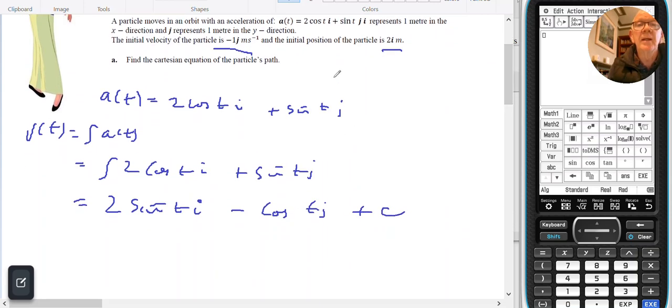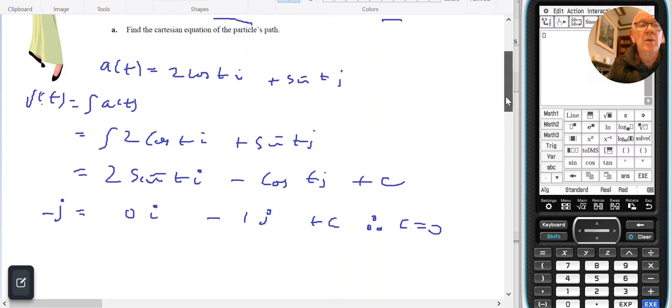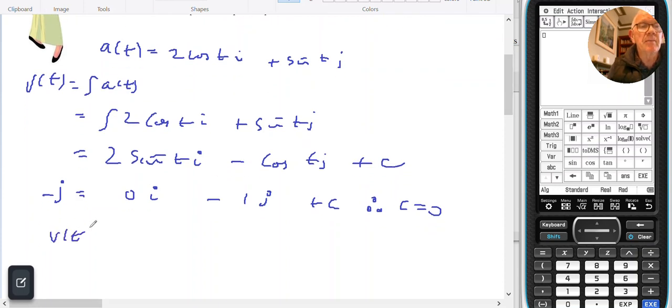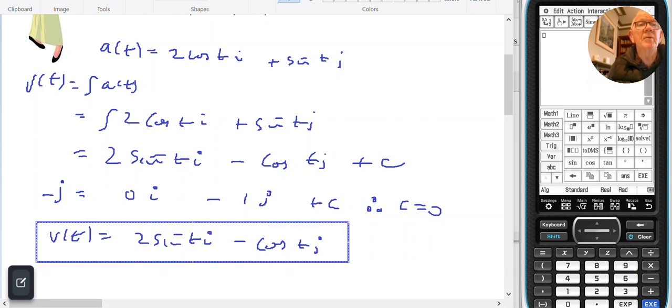Initially the velocity is -i - j, so -j equals 0i - 1j plus c. Therefore c equals 0, which gives v(t) = 2sin(t) i - cos(t) j. That's my velocity expression.